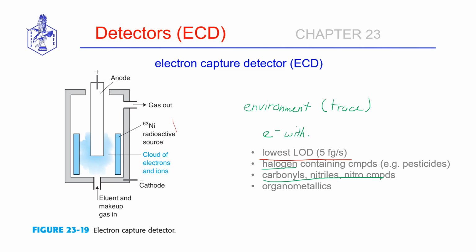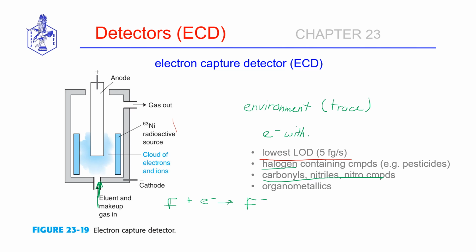And so how it works, you've got the eluent flow coming off the end of your column here. So your species of interest, if it contains fluorine or chlorine or bromine, these are very electron withdrawing species, so they are going to capture an electron and form a negatively charged species.